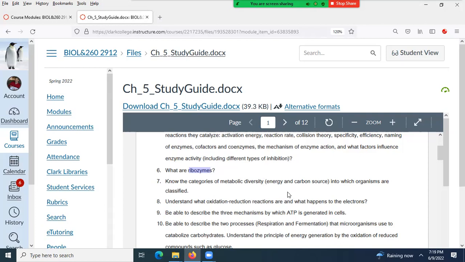They'll be classified as a phototroph if they get their energy from light, and a chemotroph if they get their energy from a chemical. The carbon will be an autotroph if they get the carbon from carbon dioxide in the air or the water, and a heterotroph if they get their carbon from an organic chemical molecule, such as glucose. Any question about any of that?